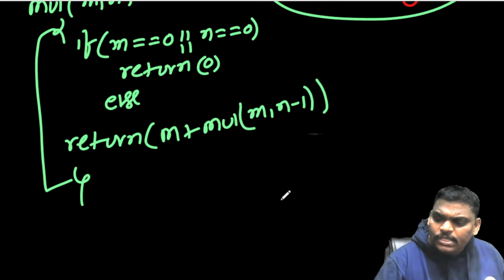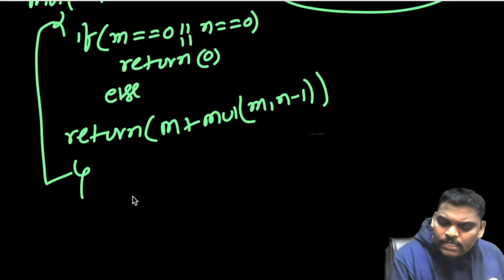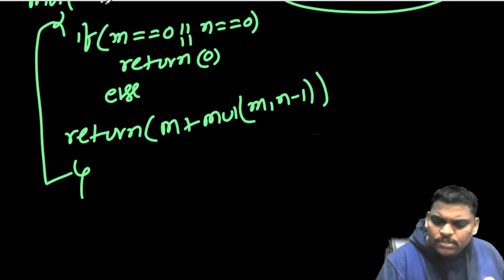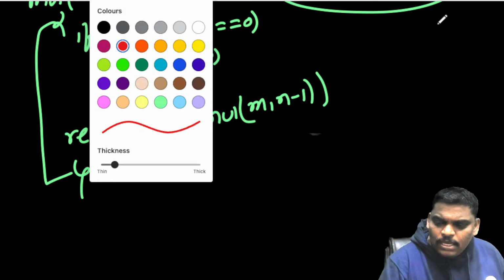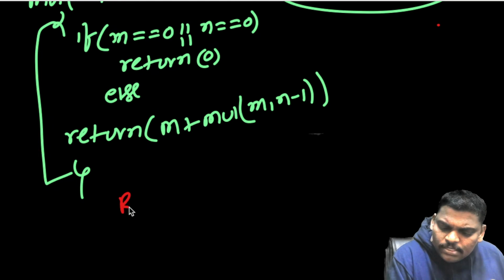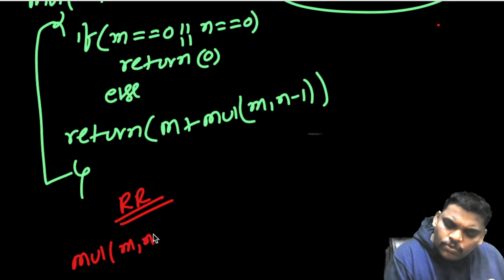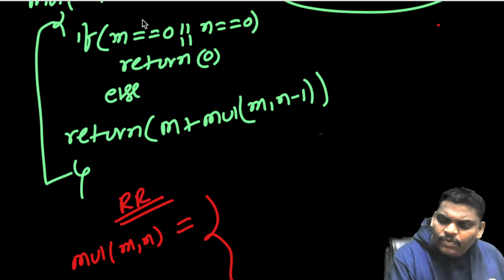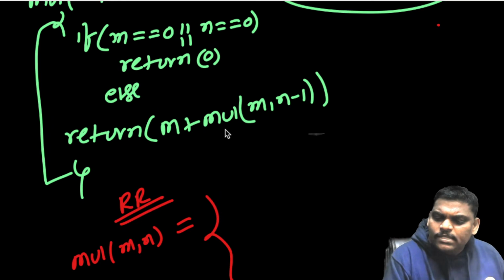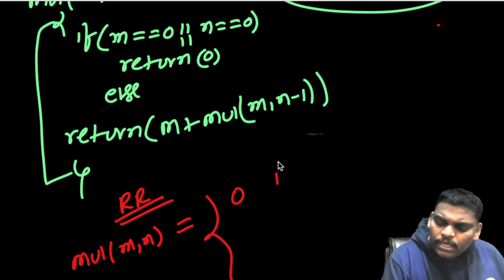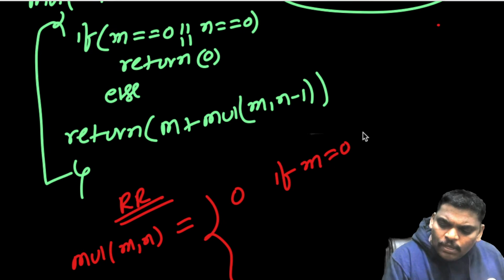Now see this one. Same thing, mapped in the form of a recurrence relation. See how I am writing the recurrence relation. Multiplication of m comma n is equal to 0 if m is equal to 0 or n is equal to 0.